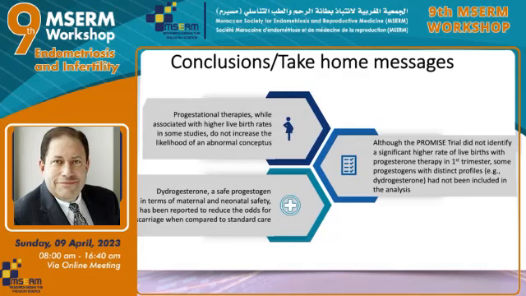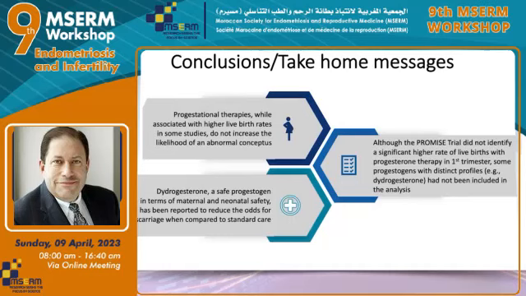What are the take-home messages? Again, progestational therapies are associated with higher live birth rates in some studies of women and couples with recurrent pregnancy loss. It does not increase the likelihood of an abnormal conceptus. So if you have a conceptus with a chromosome abnormality, using a progestational therapy is not going to increase the likelihood of an abnormal fetus or an abnormal live birth.